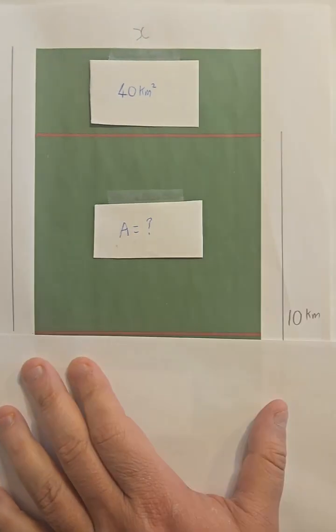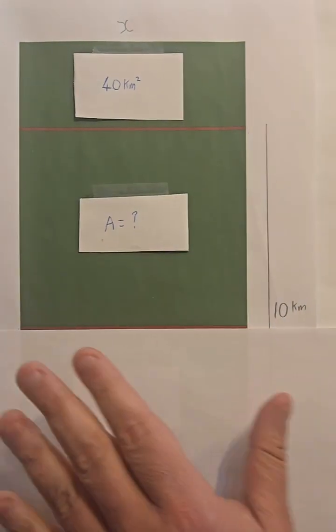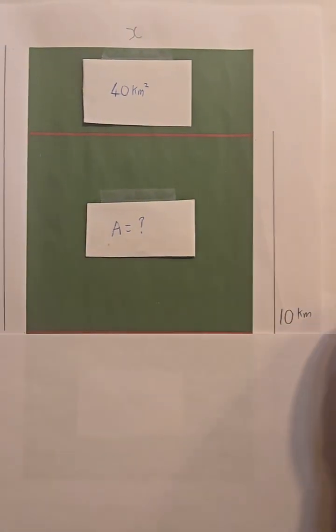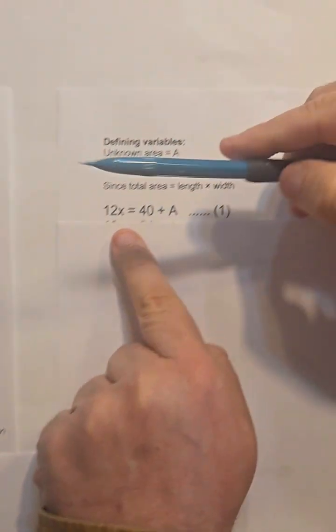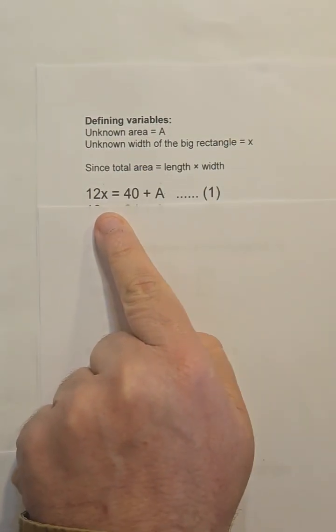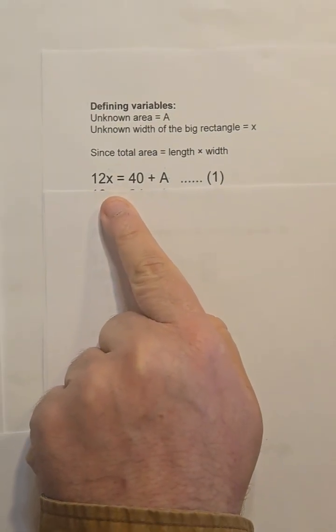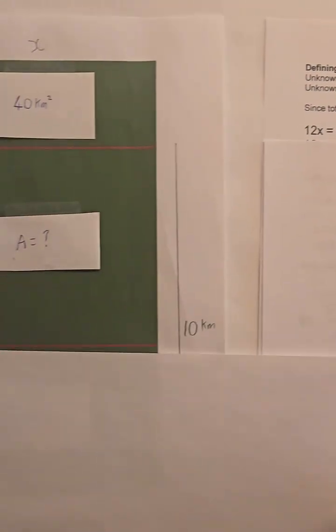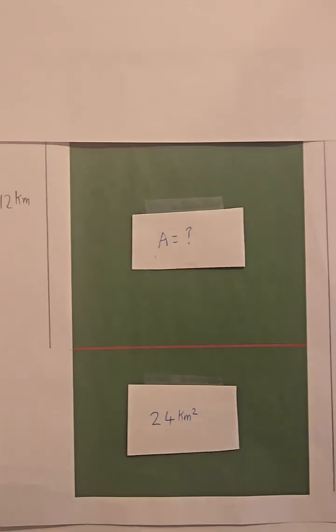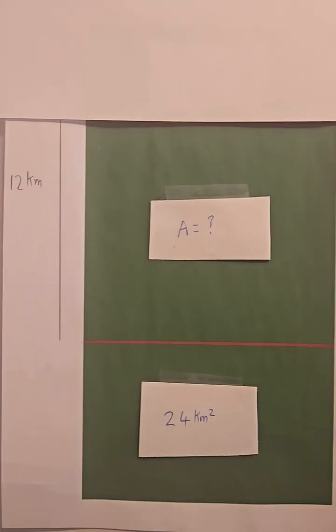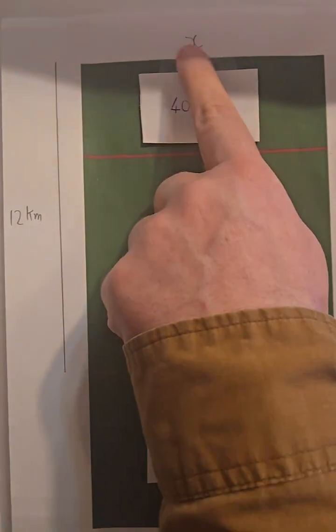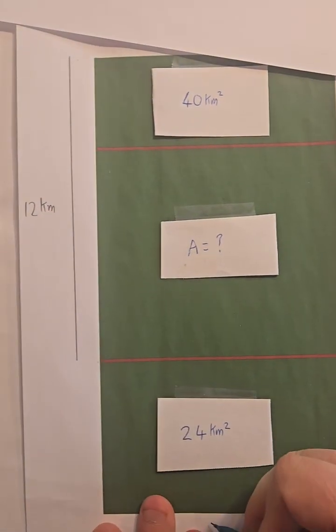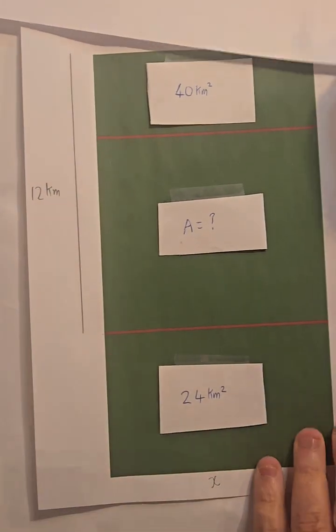Length times width is the area of a rectangle. There I wrote it down. 40 plus A is 12x. That's a short way of saying 12 times x. And it's the exact same concept for these two. Remember, I called that x. I can write it here as well so we don't get confused.